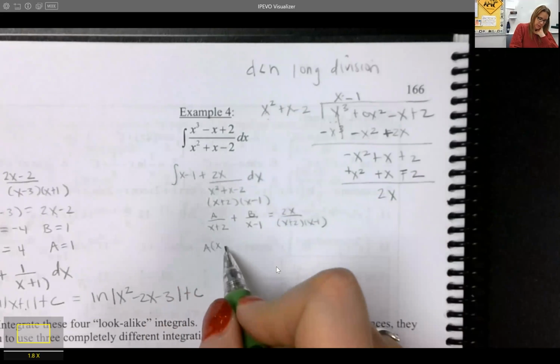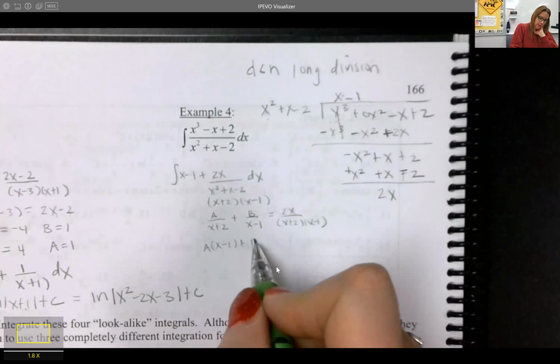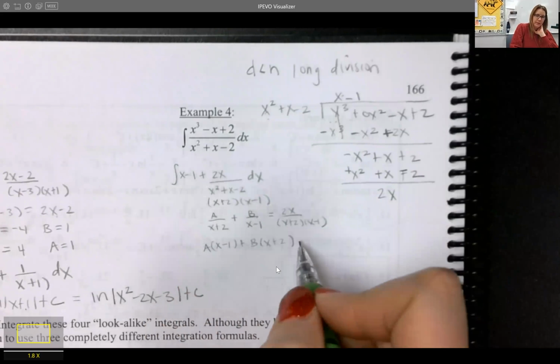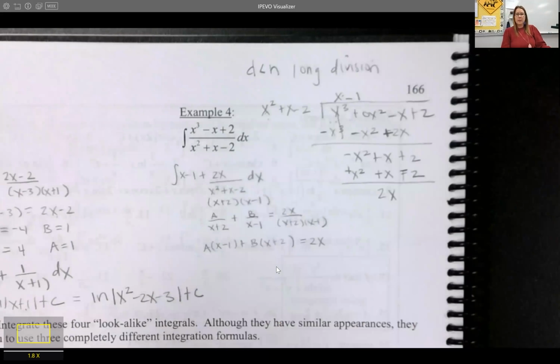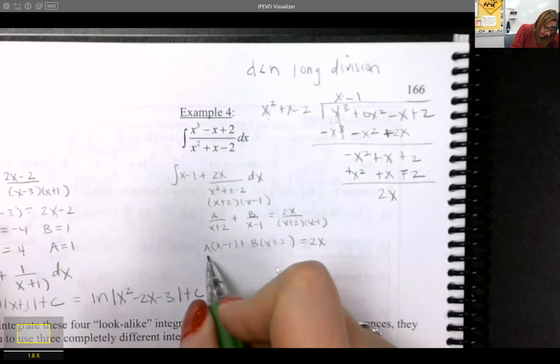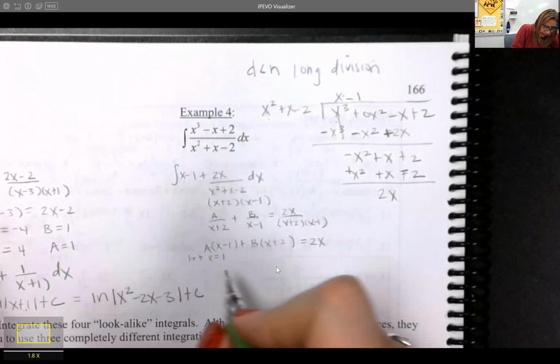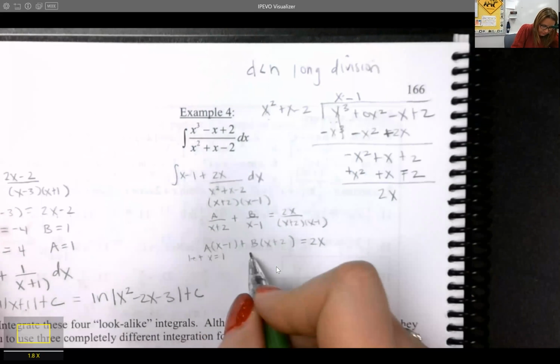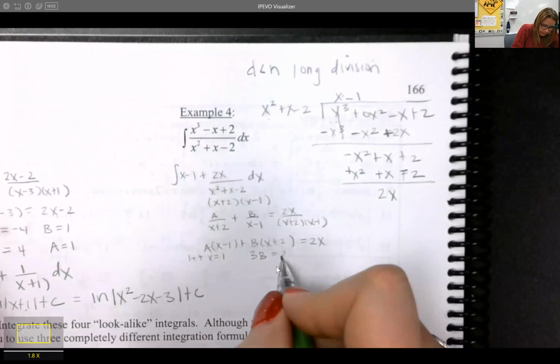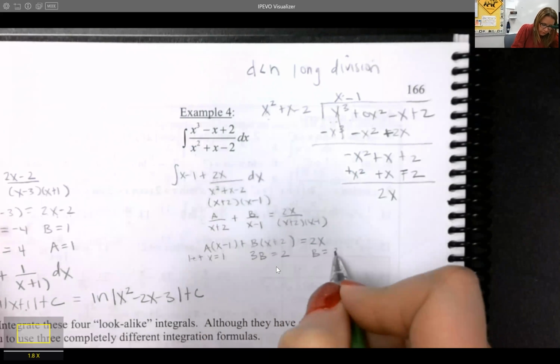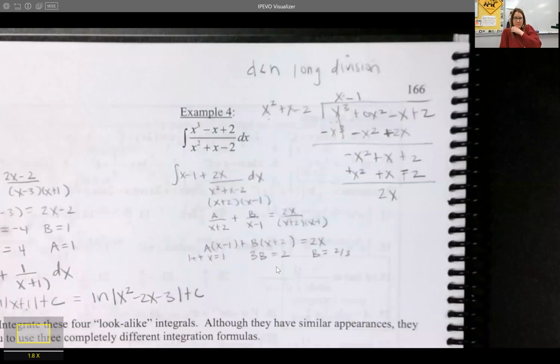We're not really cross multiplying, we're getting a common denominator. But when we have an equal sign, the denominator cancels out. Okay, so this I'm going to let x equal 1. So let x equal 1. So this is going to be 3b equals 2. So b equals 2/3.